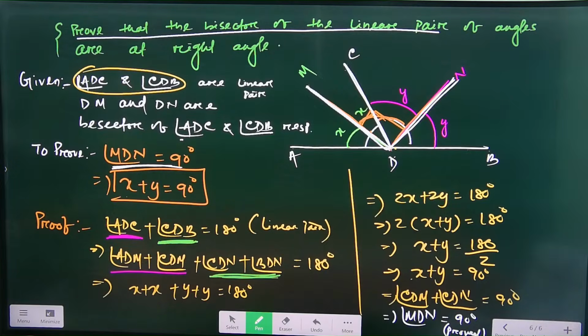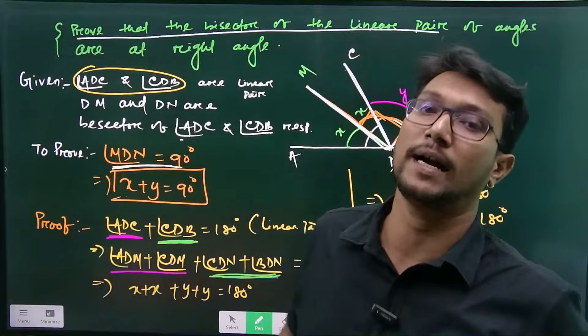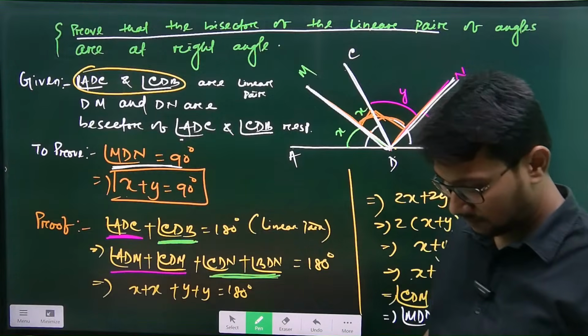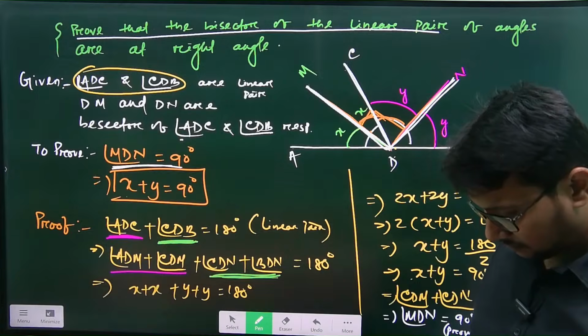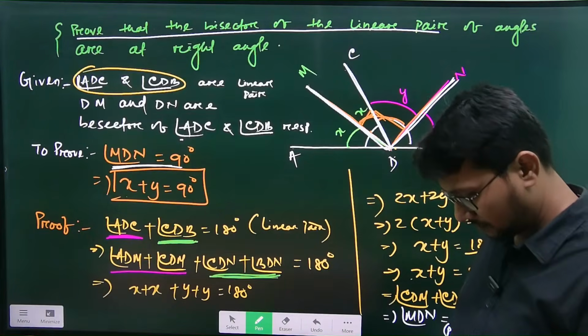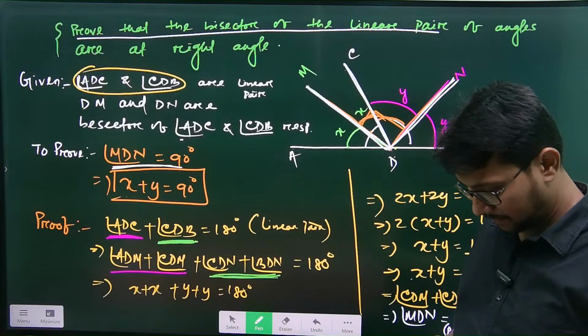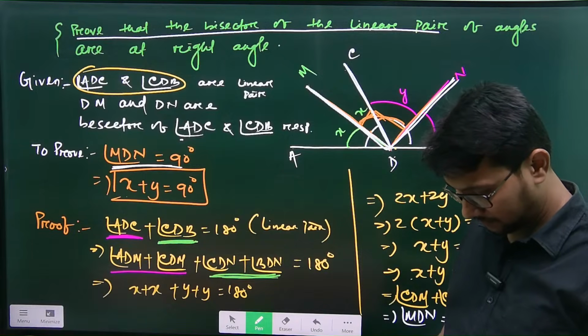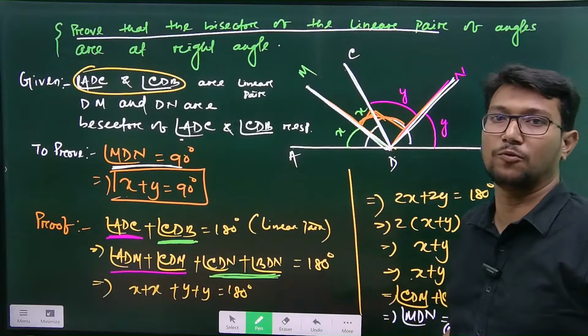Very good, very good. Bisector means it is equally divided into two parts. Okay? Let's solve it. Solve it, everyone. Solve it, then after that we'll move to the next question.